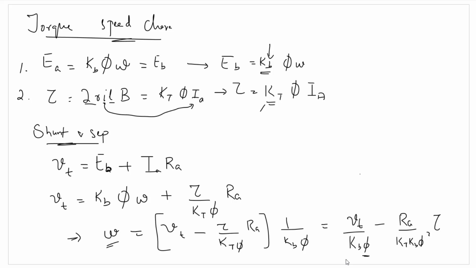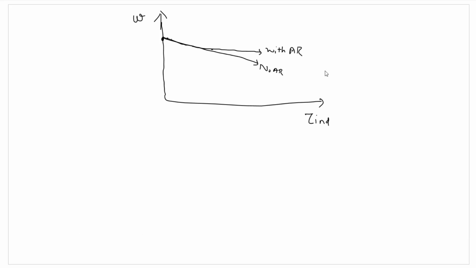Initially, the effect of phi and phi square will be almost negligible, but as phi decreases, the effect of phi square will dominate over phi, and since it will decrease the effect of this negative term, our speed will increase.